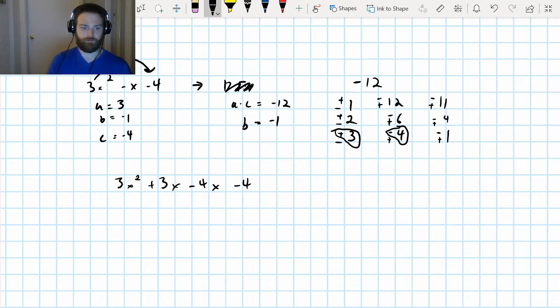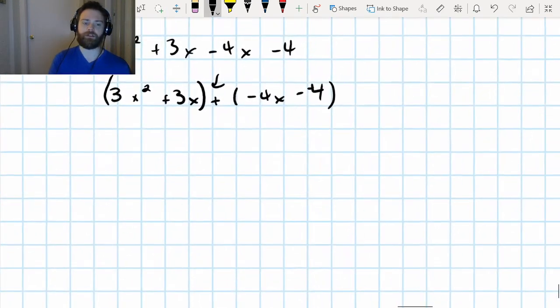There we go. So that splits up our linear term. Then we want to group the first two terms and the last two terms. So make sure that you put parentheses around it, and then that plus sign, we talked about this, that's important. If you don't put the plus sign, you're saying that the two parentheses are multiplying. That's what you are implying there.